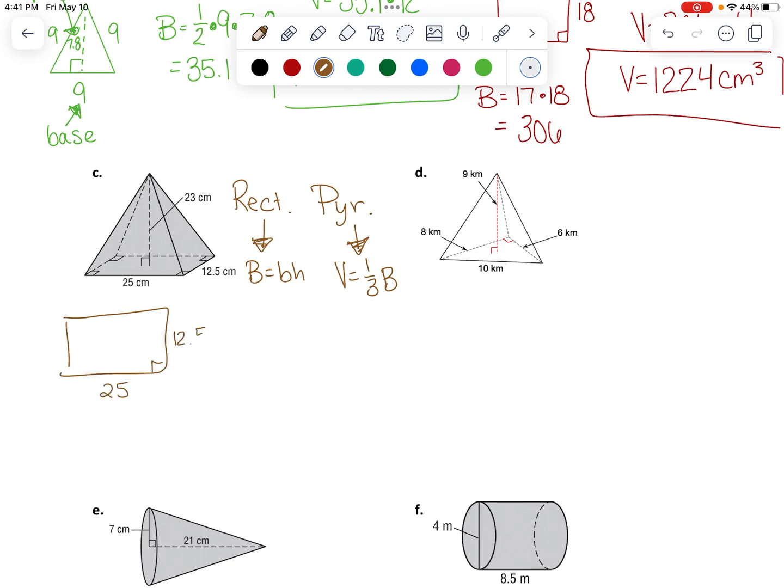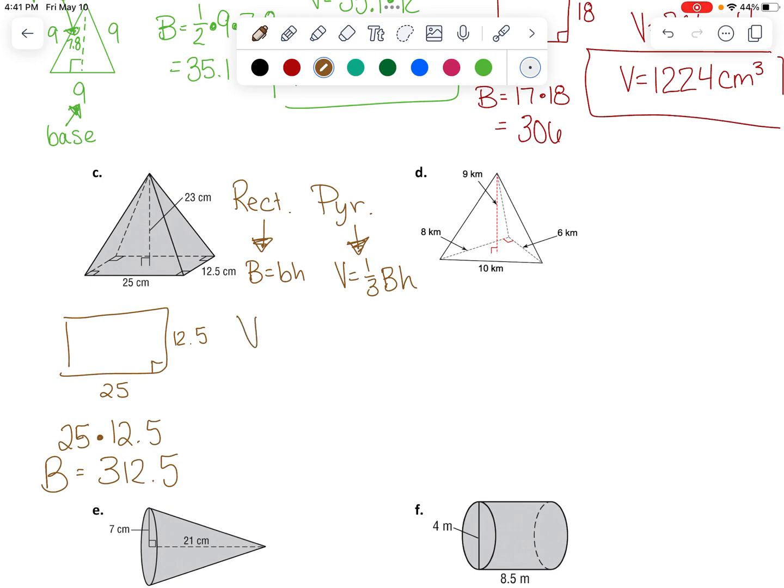That was 25. That was 12.5. So 25 times 12.5, because those are perpendicular. I get 312.5. That is my base area.